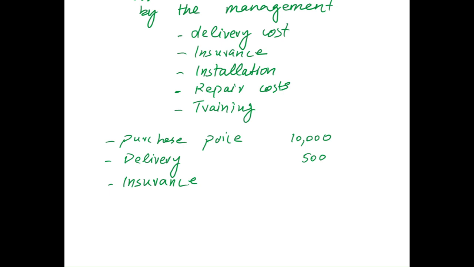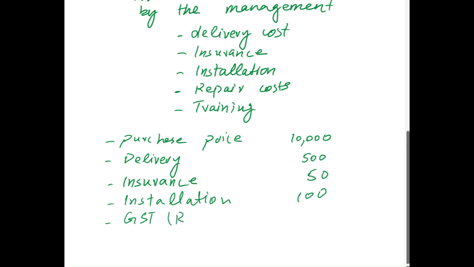So the delivery insurance is, let's say, $50, and then you pay installation costs of $100.